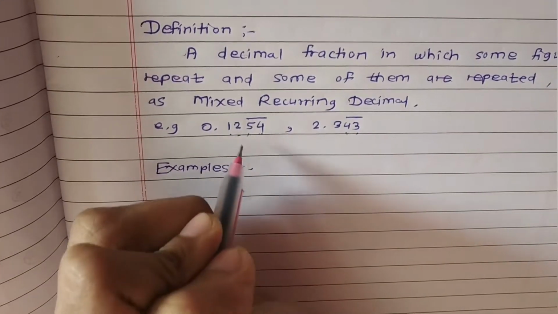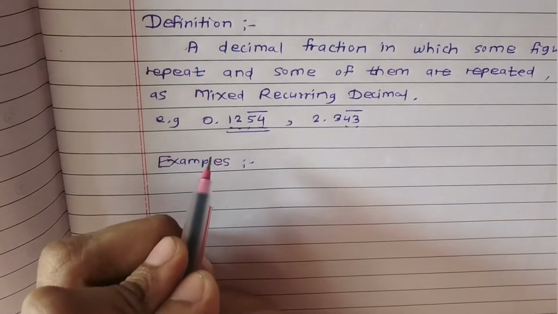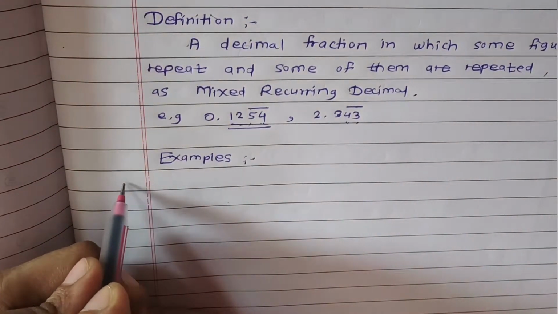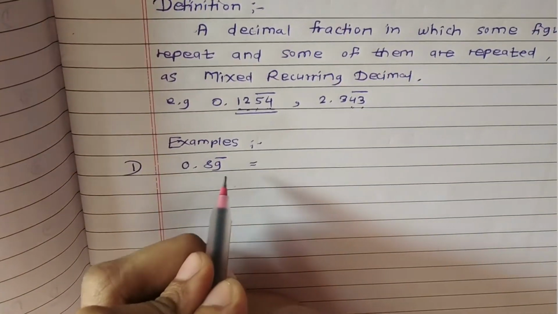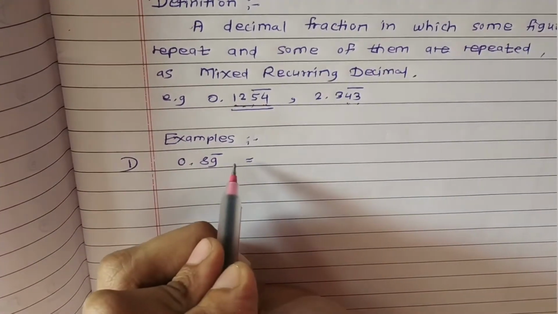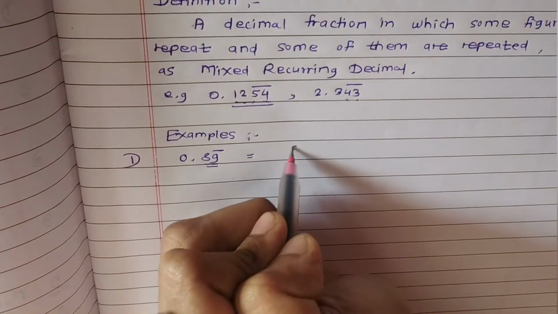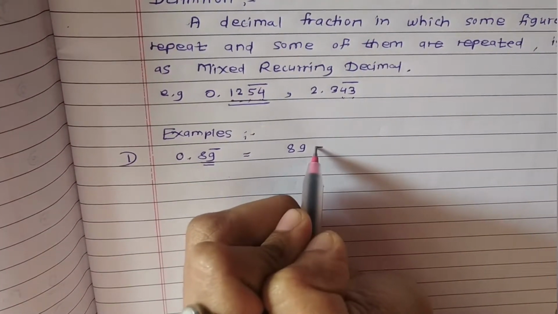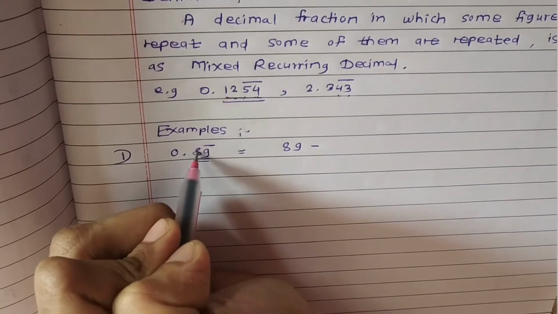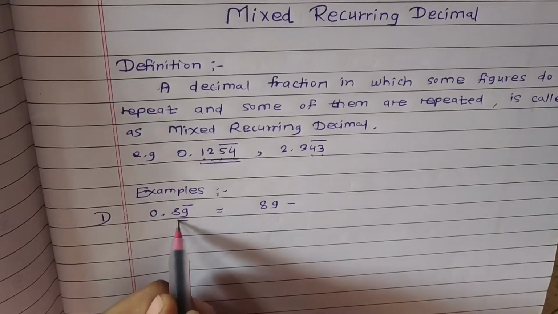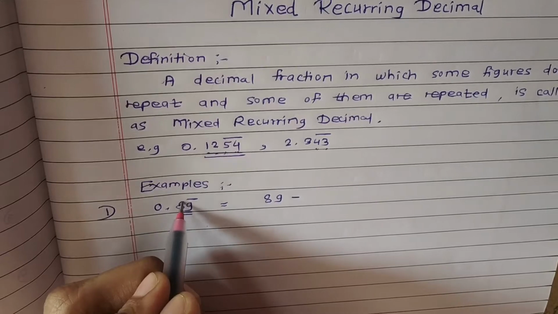How to solve these examples, means how to convert the decimal fraction into vulgar fraction. The first example is 0.89 bar. How to solve these examples? Just simply write the given number as it is, means 89, minus the number over which the bar is not represented.